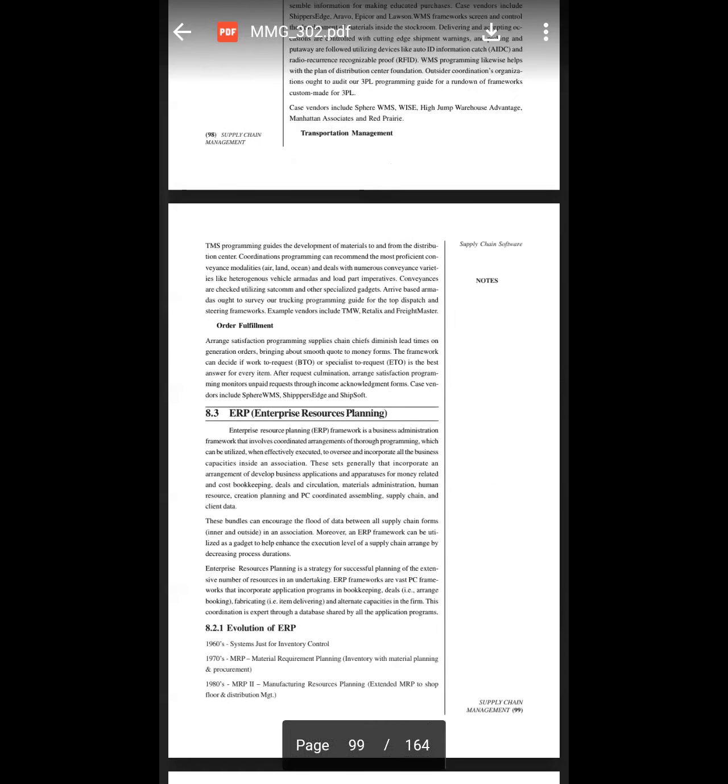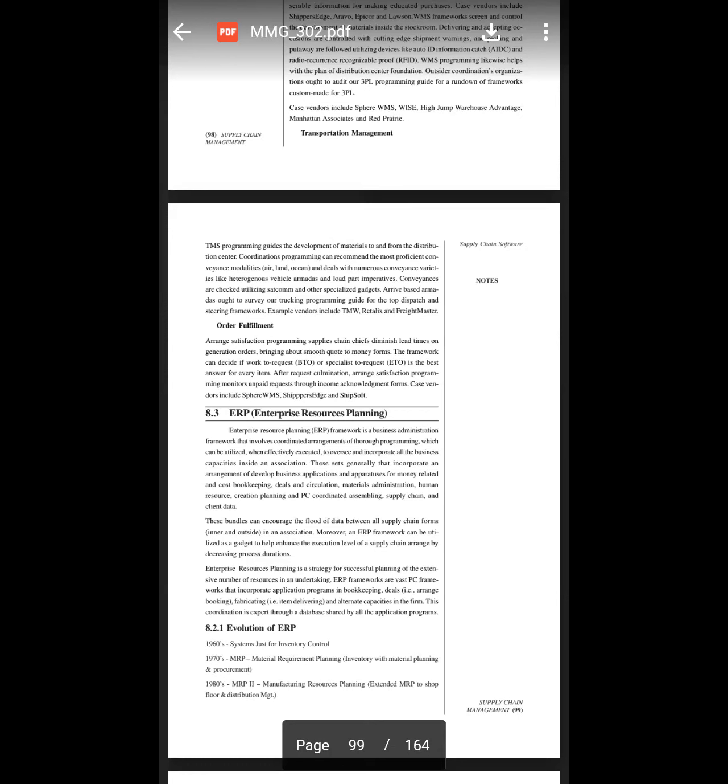Logistics programming can recommend the most proficient conveyance modalities, air, land, and ocean, and deals with enormous convenience varieties like heterogeneous vehicles and load part constraints.